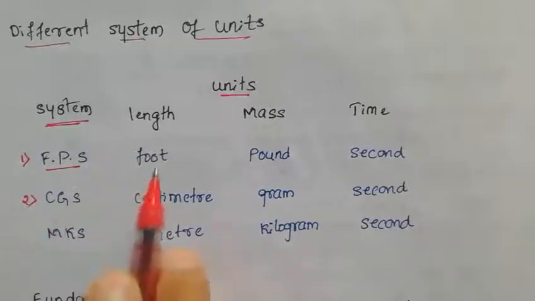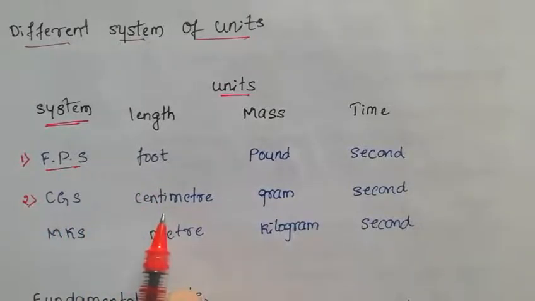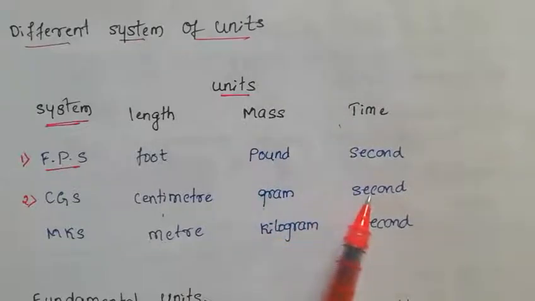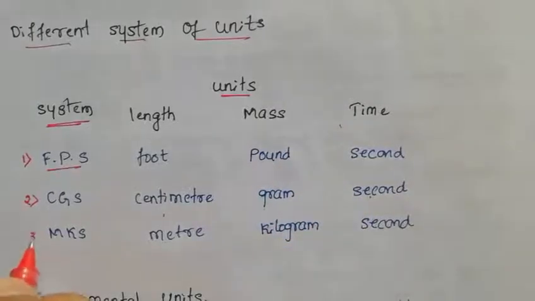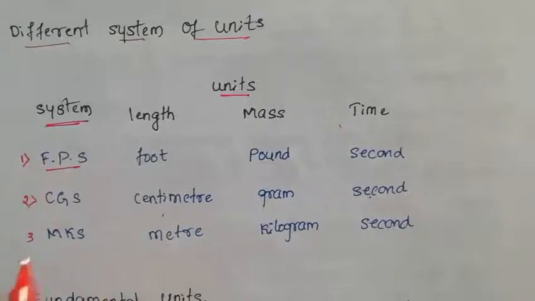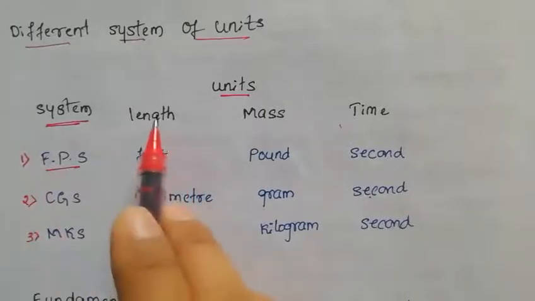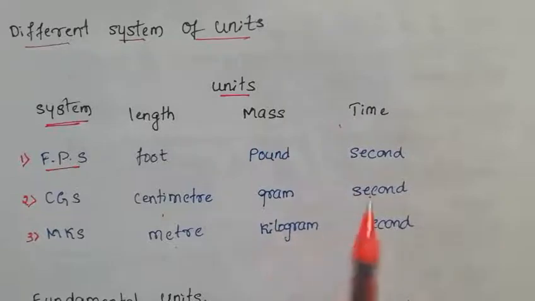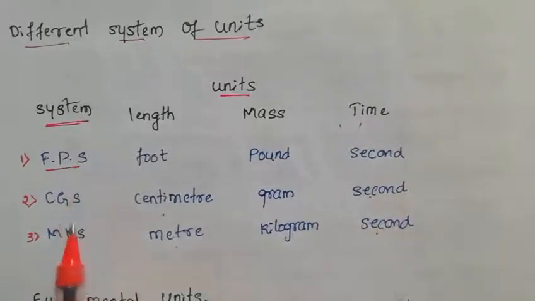In this, length is measured in centimeter, mass in gram and time in seconds. The third one is the MKS system. In MKS, length is measured in meter, mass in kilogram and time in second. In all these 3 systems, the common thing is time, which we measure in seconds only.